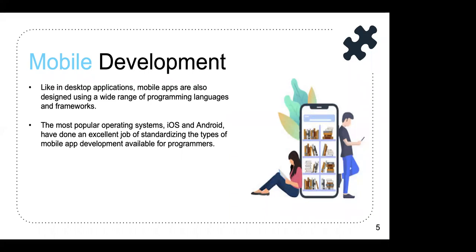As we are all aware, there are two major operating systems in the mobile world, that is iOS and Android. iOS is owned by Apple and Android is owned by Google. So when it comes to mobile application development, businesses focus on those two main operating systems.